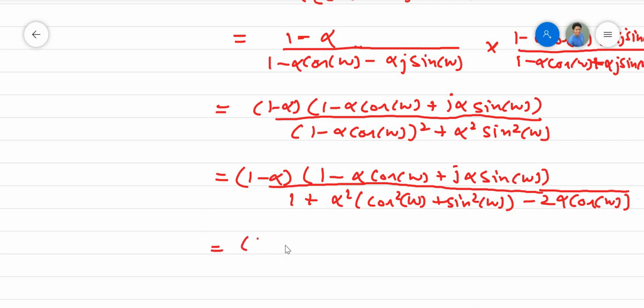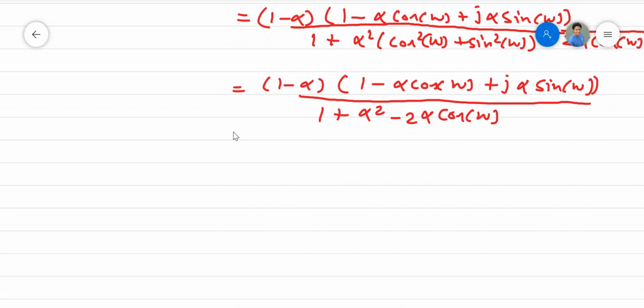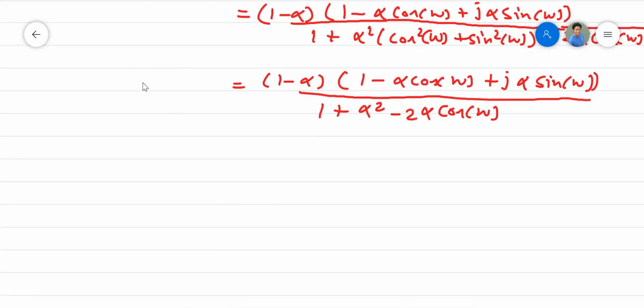So it is equal to 1 minus alpha times 1 minus alpha cos omega plus j alpha sine omega, and then the denominator will be 1 plus alpha square minus 2 alpha cos omega. This is nothing but H of omega.